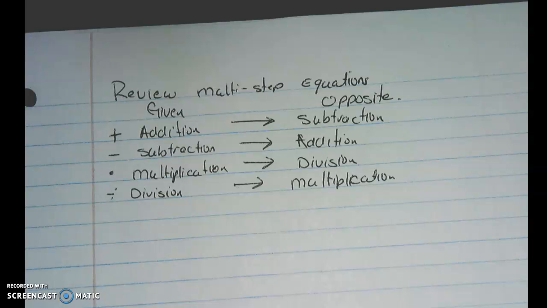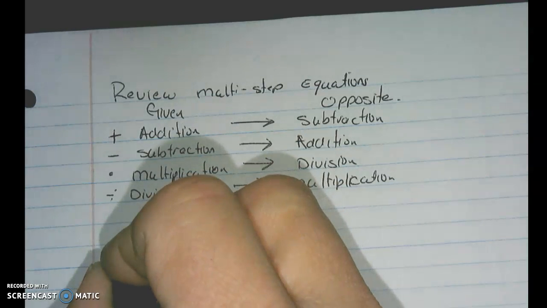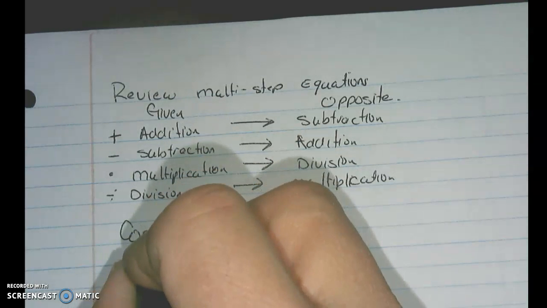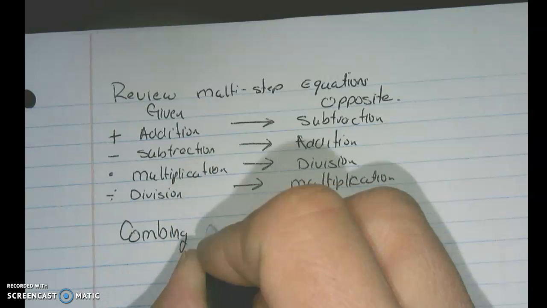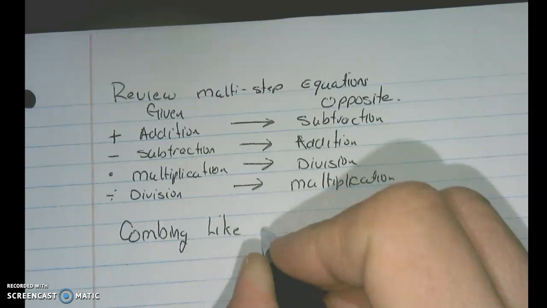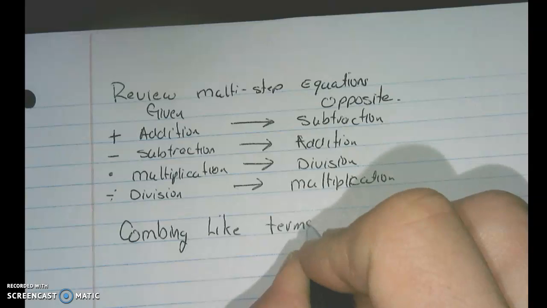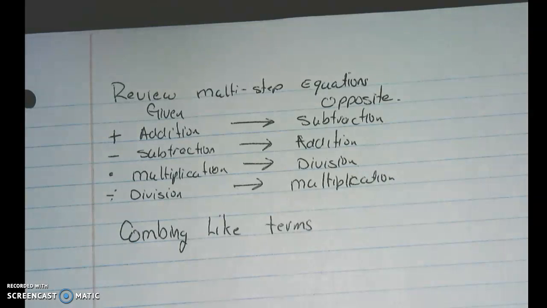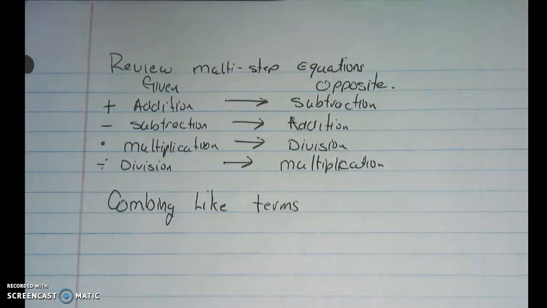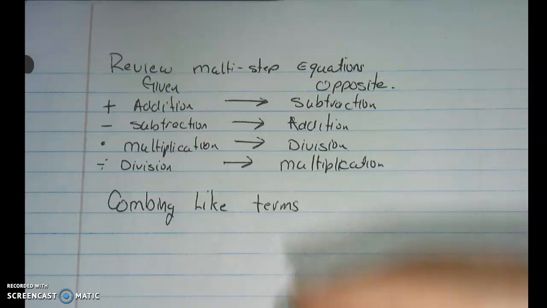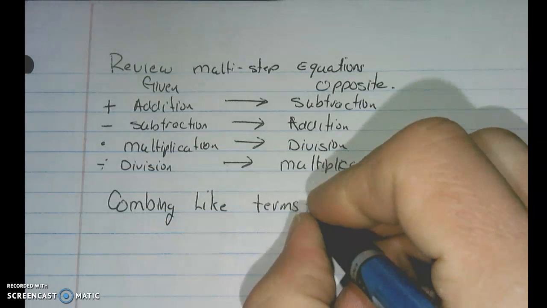Now, we've also been using something called combining like terms. Let me pause it. So our next term was combining like terms, which was we take everything that's the same.